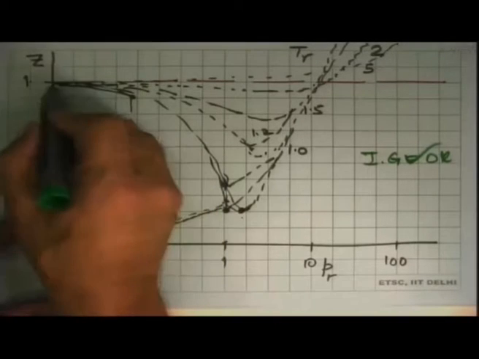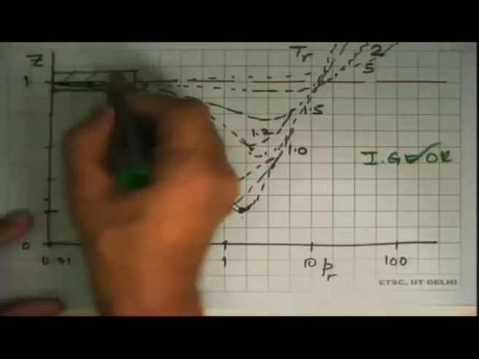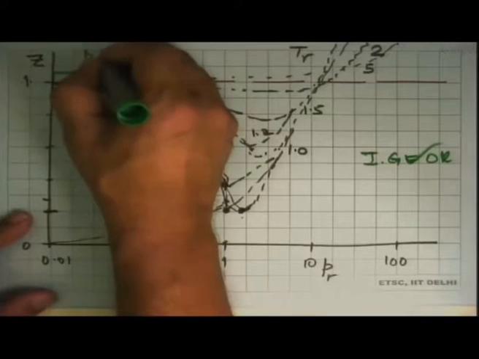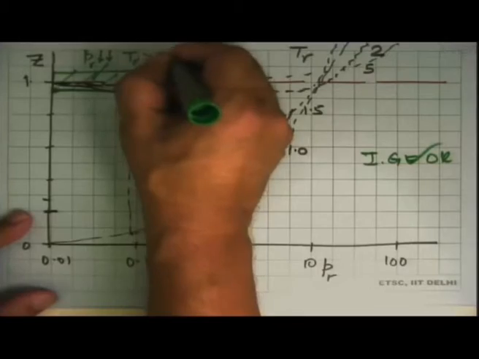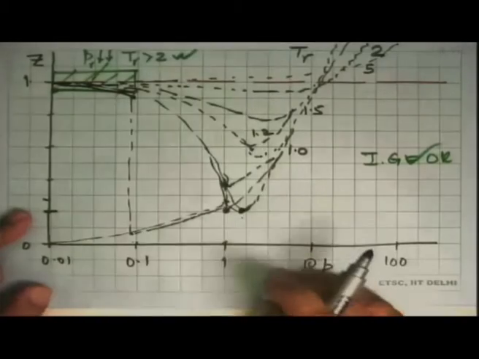And so one of the regions that emerges is right here. So if reduced pressure is very small and reduced temperature is say greater than 2, then we can safely assume ideal gas behavior.